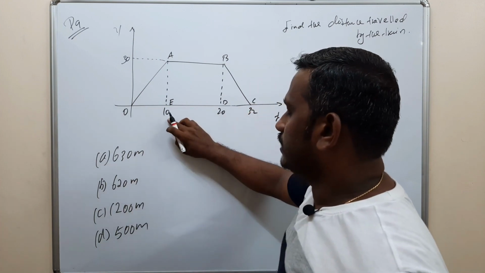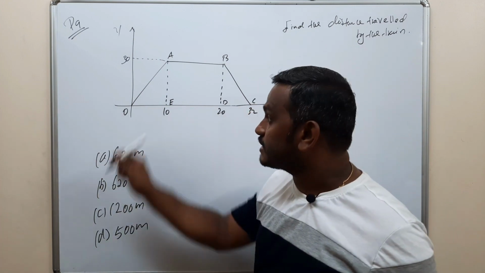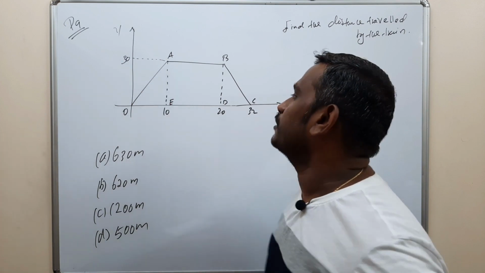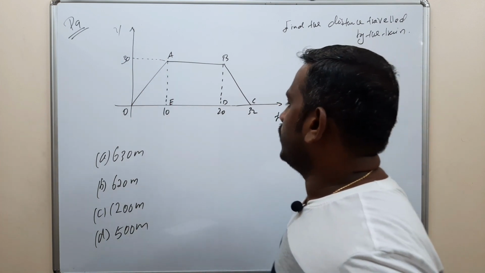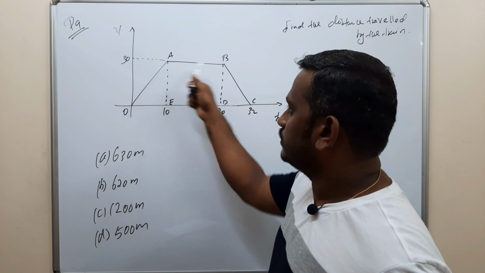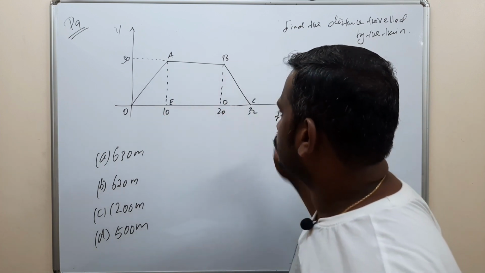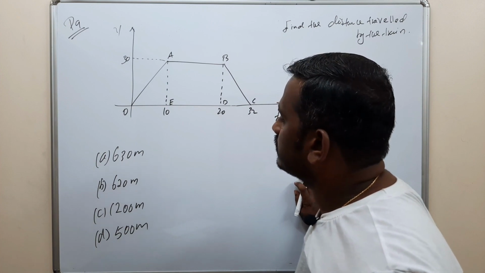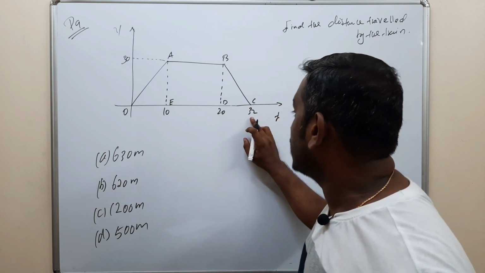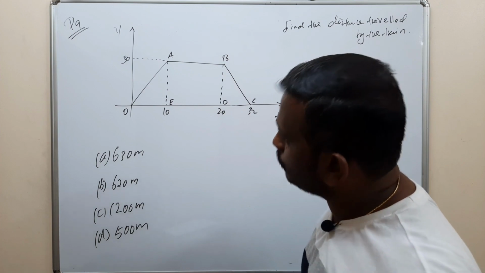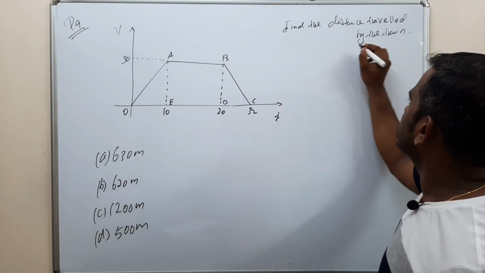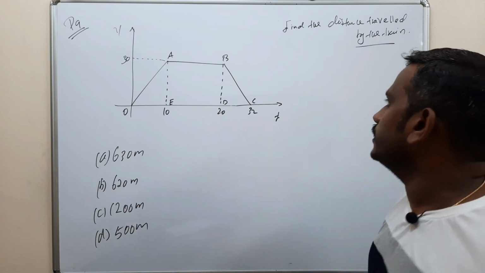At time t equal to 10 seconds, it reaches a constant velocity of 30 meter per second. From 10 to 20 seconds, it runs with the constant velocity, and after that it starts to decelerate, and at t equal to 32 seconds, it comes to rest.